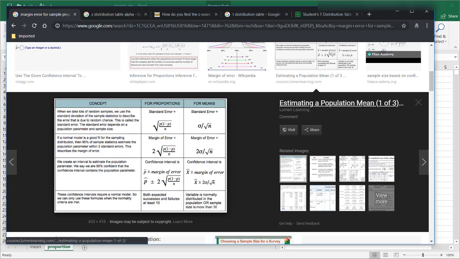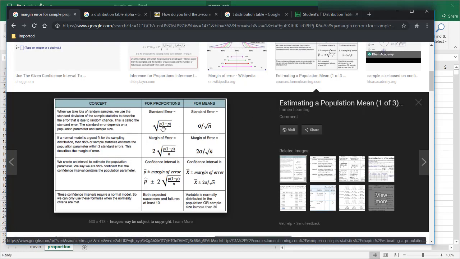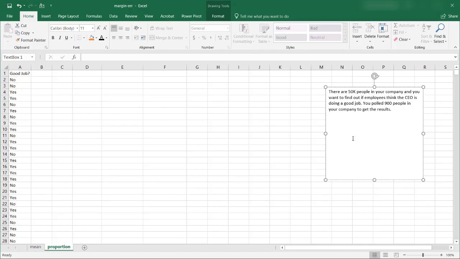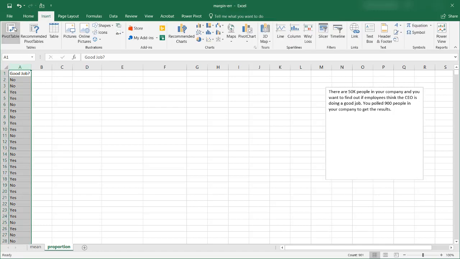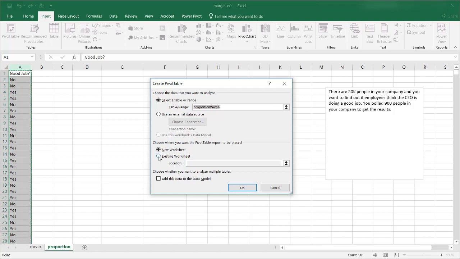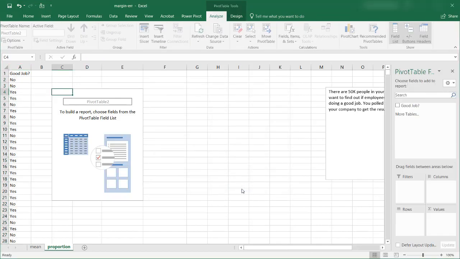To get that, we want to have this function where we have p multiplied by 1 minus p over n, and find the square root of that. To get that, we need to tabulate this all. So I have this particular data. I'm going to turn it into a pivot table, insert pivot table, on the same worksheet, let's put it in C4, click OK.